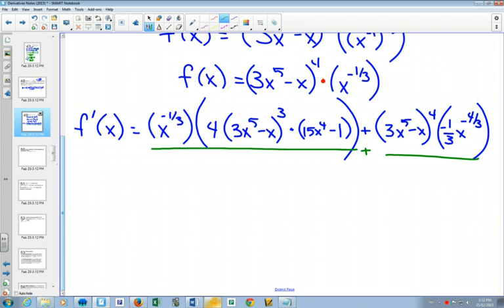They also, both terms have a 3x to the 5 minus x, 3x to the 5 minus x. This one has 3 of those because it's to the power 3. This one has 4.